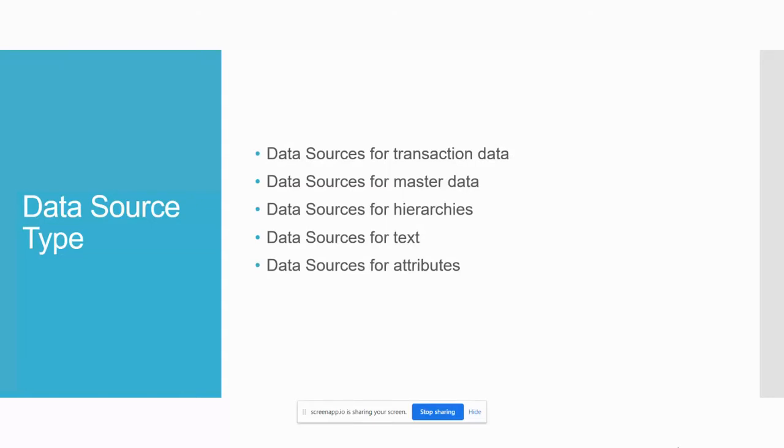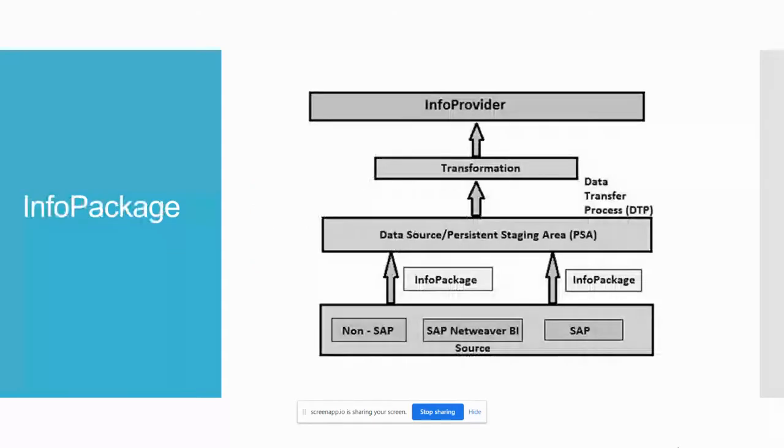One main important thing: by using an info package in SAP BW, we can load the data into a persistent staging area, and also into the target from the source system. But if you are using SAP BI, the data load should be restricted to PSA only for the latest version. This is the BI data flow.